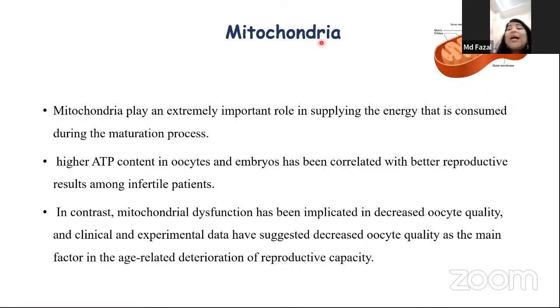And mitochondria, as we know, are the powerhouse of any cell for that matter. So the higher the ATP content in the oocytes, the more the ability of the embryo. This has a direct correlation with the embryo formation as well as the pregnancy rates.